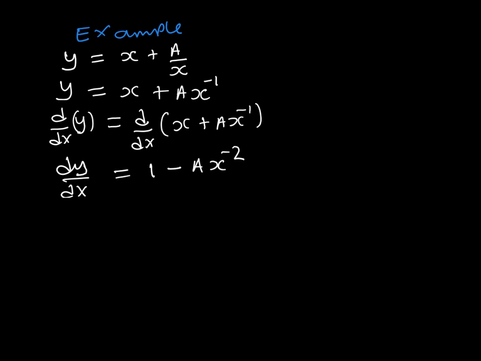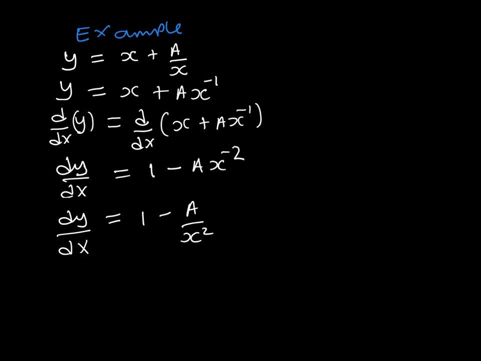So when you differentiate this equation, you end up with 1 minus a x to power minus 2. Now remember the task we have is to do away with the arbitrary constant a. So we can write this as dy/dx equals 1 minus a over x squared.